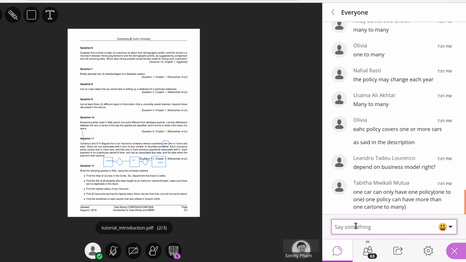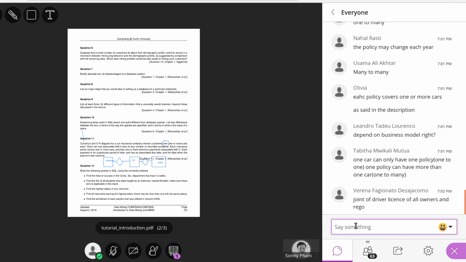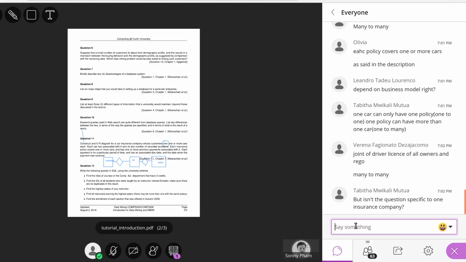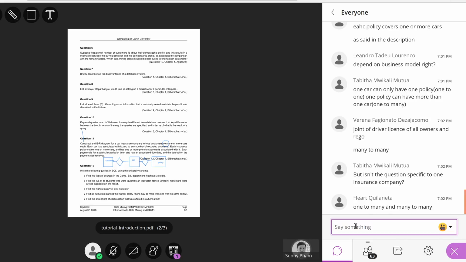Is it actually unlikely in practice? Normally you would say, I buy one policy and maybe I have two cars. From the question here, a policy covers one or more cars. But in practice, it is also possible to have a car that could be covered by different policies.